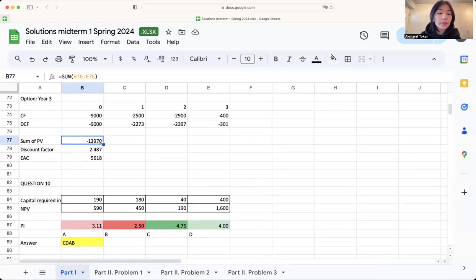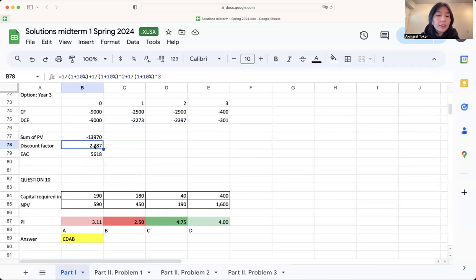So the sum of discounted cash flows in this case is almost minus $14,000, and the discount factor, as in the previous example, is 1 divided by 1.1 plus 1 divided by 1.1 to the power of 2, and 1 divided by 1.1 to the power of 3, because we have 3 periods.